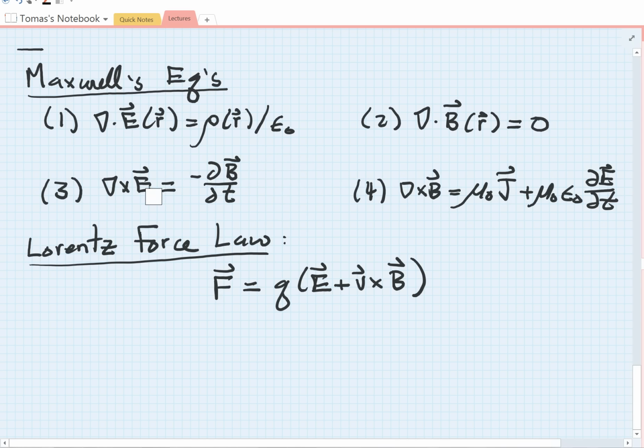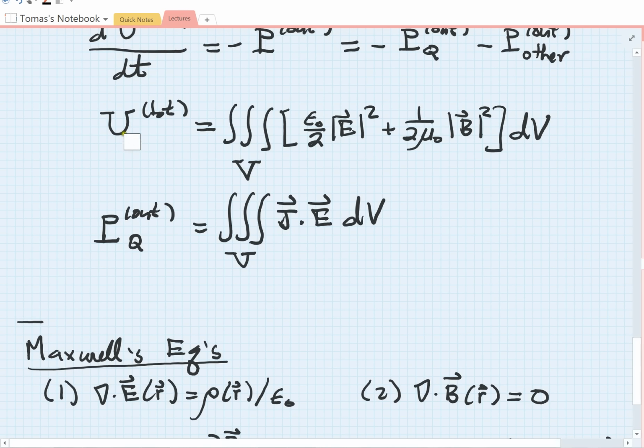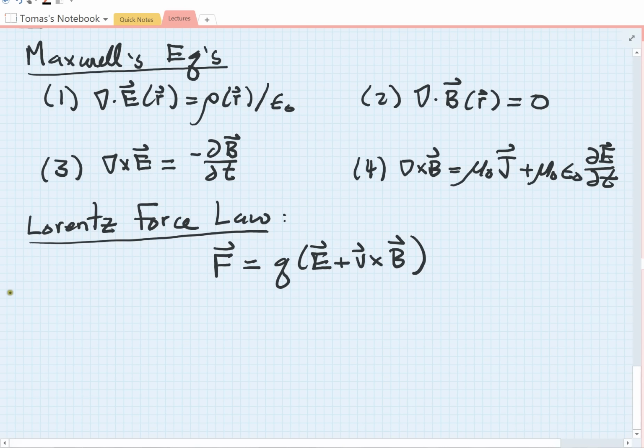So these are the equations that we have to work with, and our main task now is to begin the task of taking the derivative of this total energy. So I'm going to begin then by beginning to calculate that derivative.